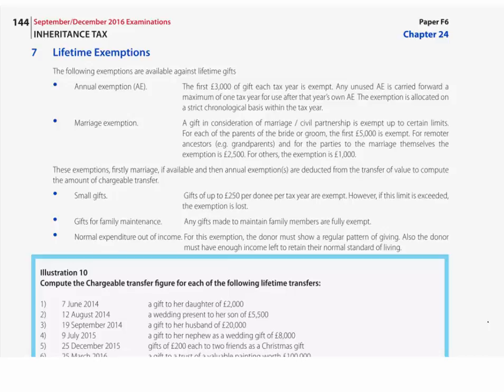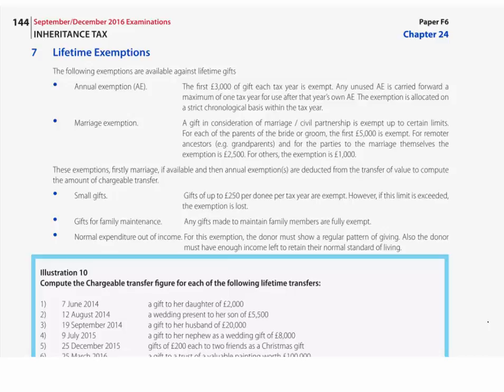Now, having dealt with one CLT, you may go on and have to deal with another. The question then, therefore, is what amount of nil rate band is still available when dealing with the second CLT. And that, of course, depends on not just the amount of the first CLT, whether it's above or below the level of the nil rate band, but also the timing of that second transfer.